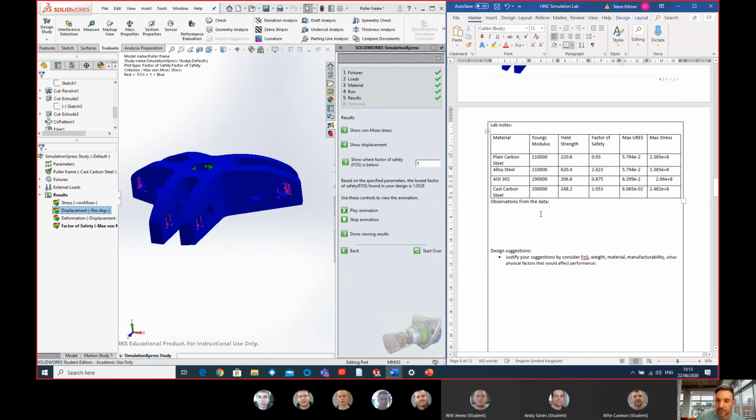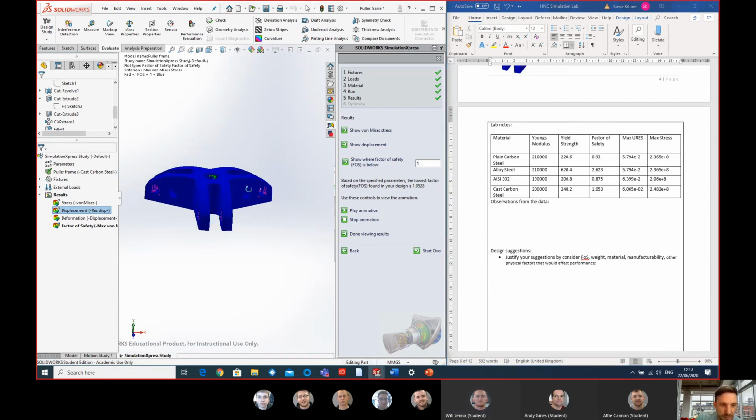Okay, so what I'd like you to do when you fill this in is just put a couple of sentences in here just to analyze some of this data, see what conclusions you can make from it. And then again, what design suggestions would you add to try and make this part better?